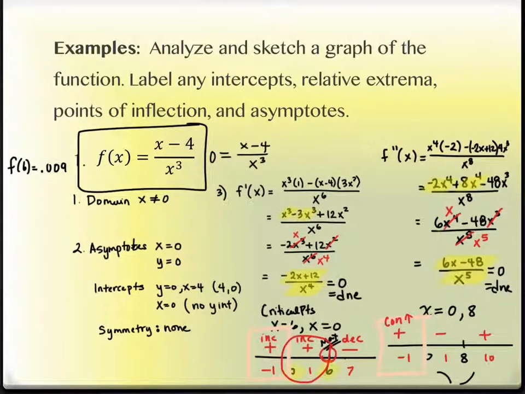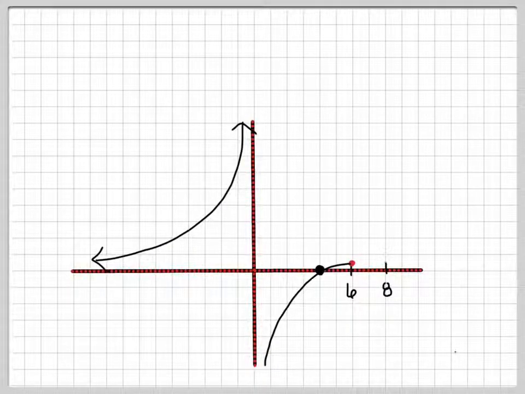So what does that look like? Well, it looks something like this. From 6 to 8, 8's got to be even closer to the x-axis but not dipping beneath it. So I need to exaggerate this just to be able to draw it. Are you guys going to freak out at me if I do that? I just need an exaggeration. So it's going downward, right?